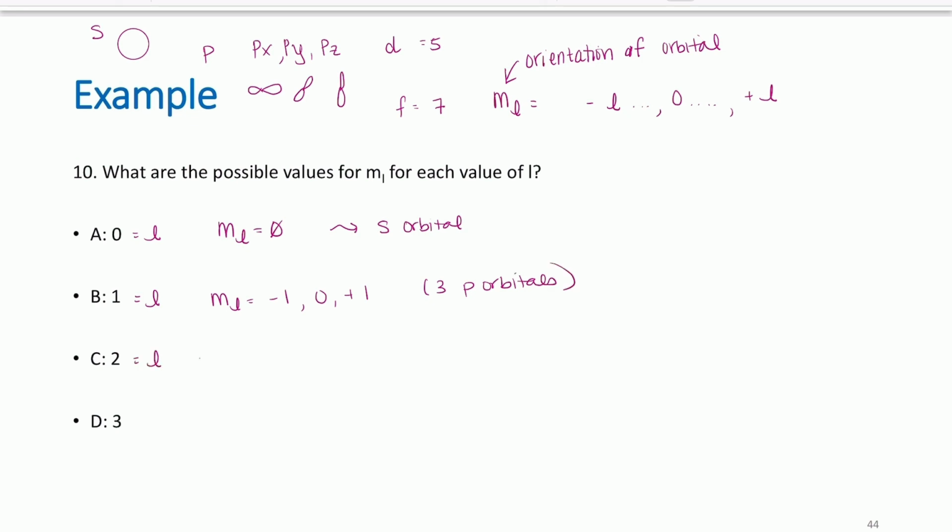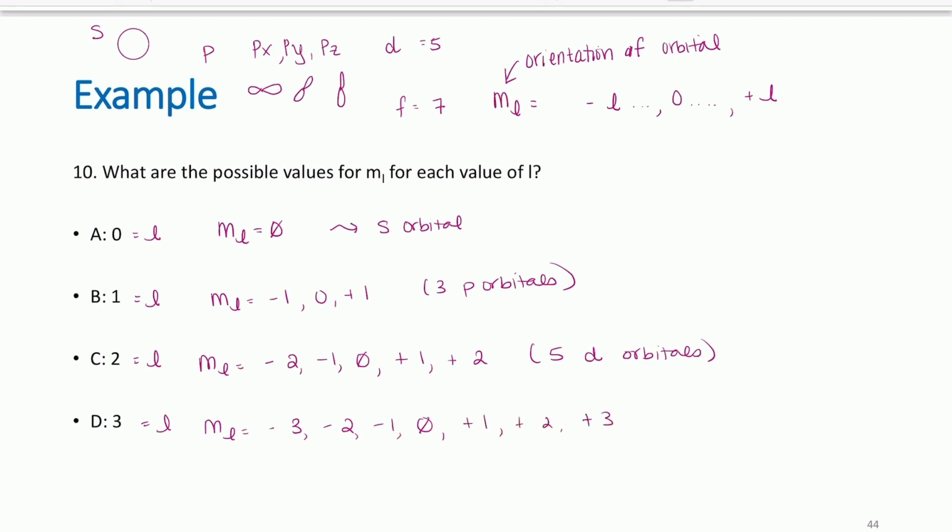If l equals 2, m sub l will equal negative 2, negative 1, 0, plus 1, and plus 2. Your 5 d orbitals. And if l equals 3, m sub l is equal to negative 3, negative 2, negative 1, 0, plus 1, plus 2, and plus 3, which is your 7 f orbitals.